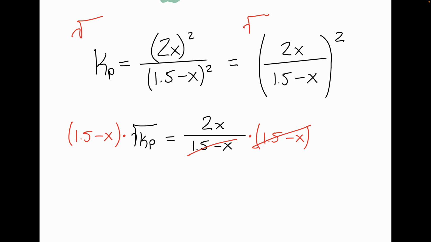We need to combine them. But first, we're going to have to distribute this Kp inside those parentheses, right? Or rather, square root of Kp. So square root of Kp times 1.5 minus the square root of Kp times x equals 2x.